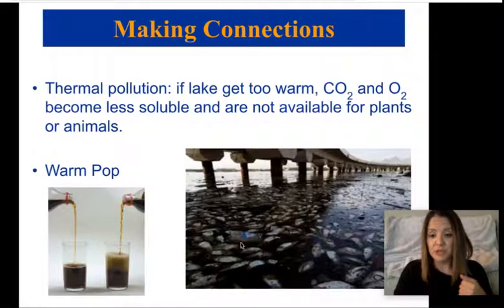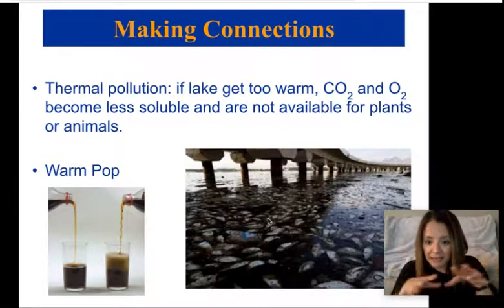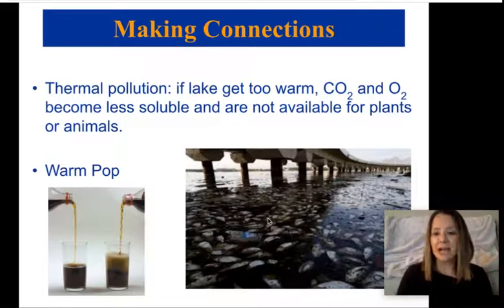So this is an image of a mass death of fish due to the lack of oxygen. It's not because of pollutants, but because the temperature of the water is too high. So this is a big concern, especially with climate change. Just raising the temperature 1 degree can cause very adverse effects.